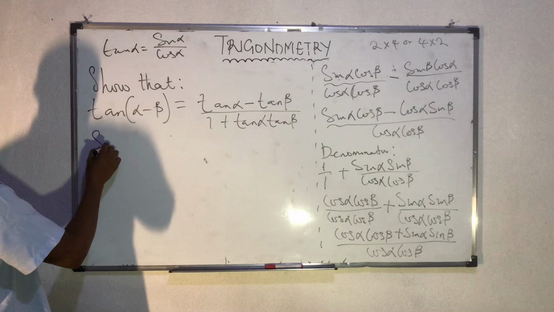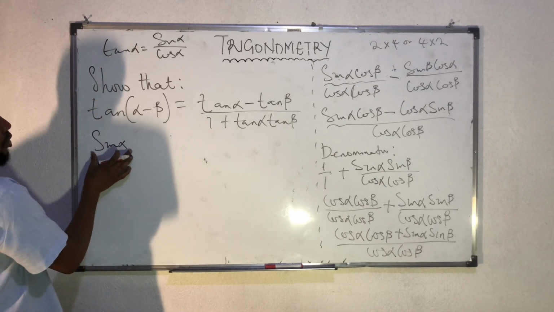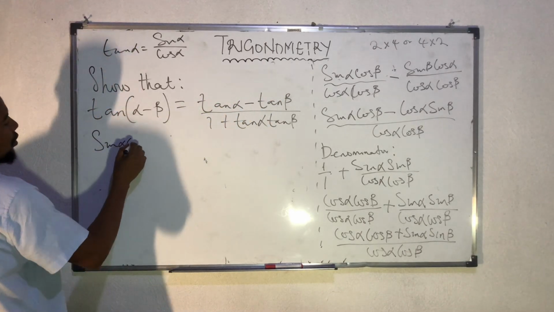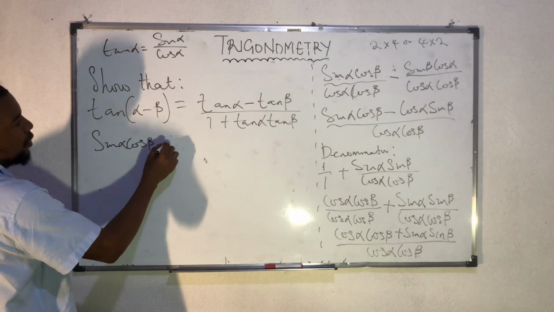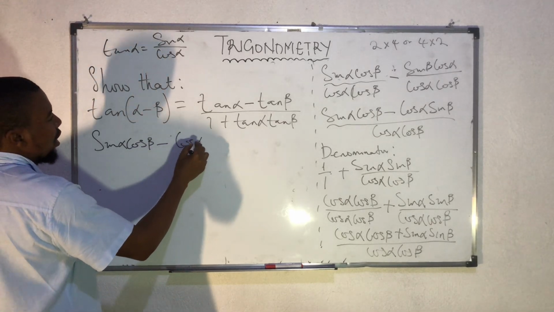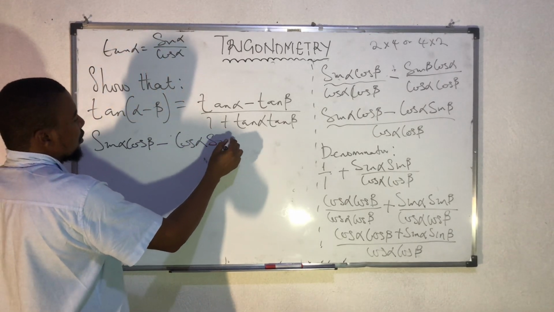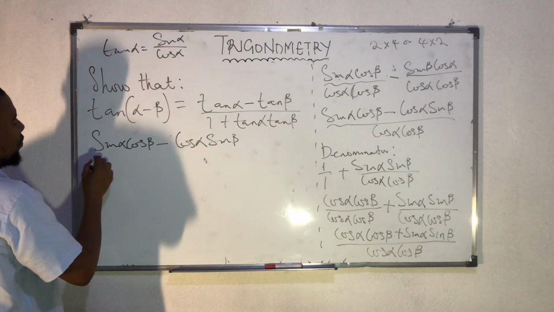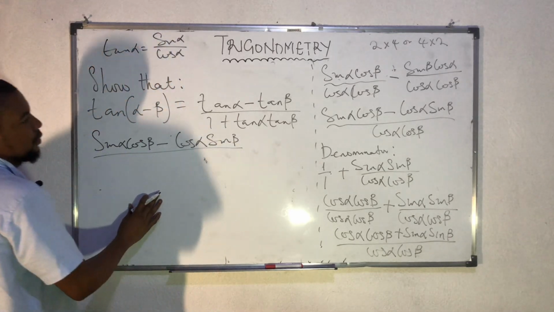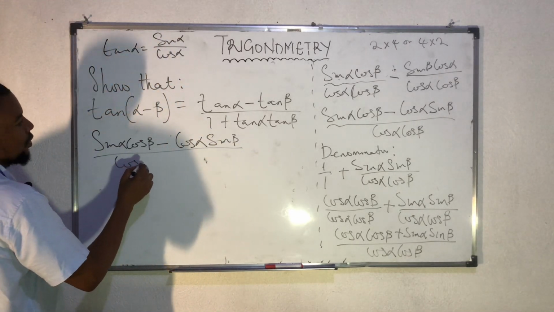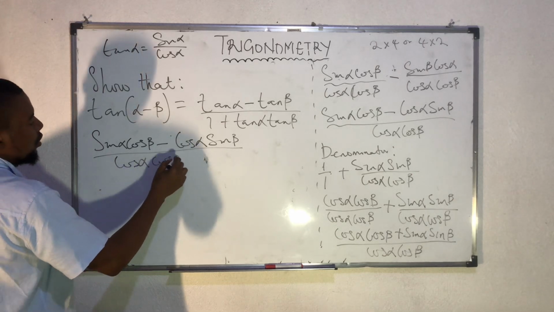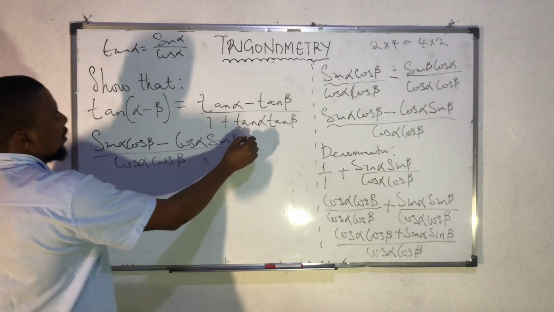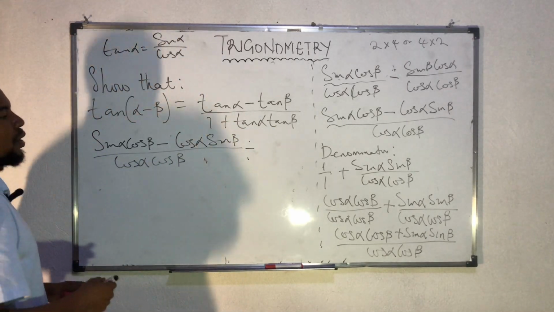Here we have sine alpha, this is the numerator as we have over there, cos beta minus cos alpha sine beta over cos alpha cos beta divided by, just as we did for the first one.